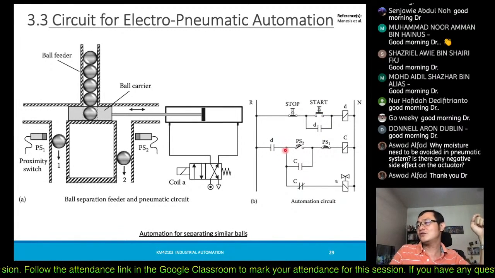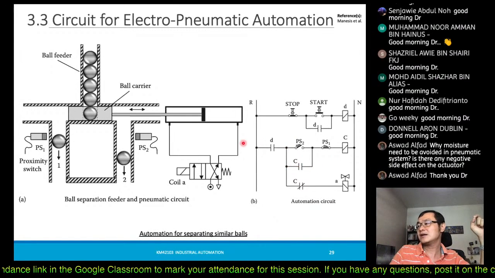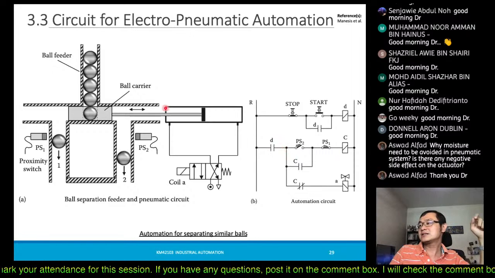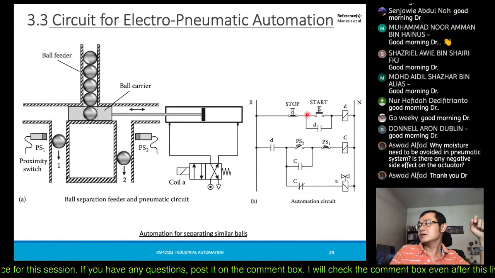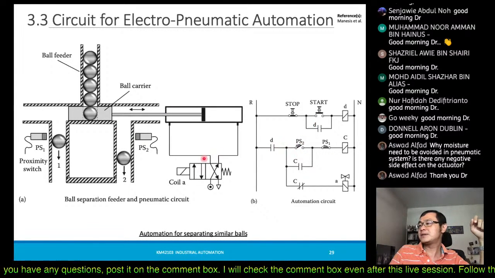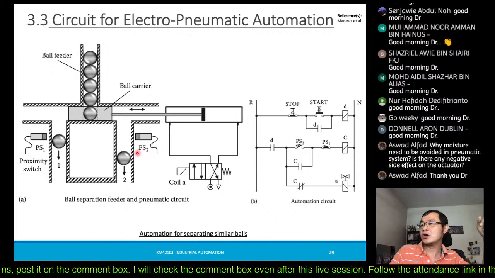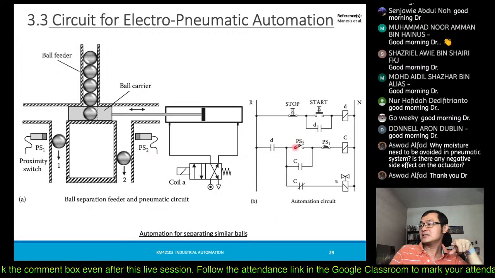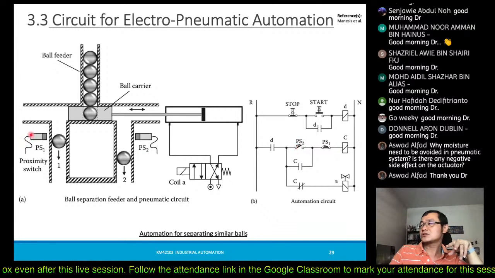Same thing for this part, this C itself. Now after it activates this circuit, you can see that PS2 is always open, but PS1 is always closed.